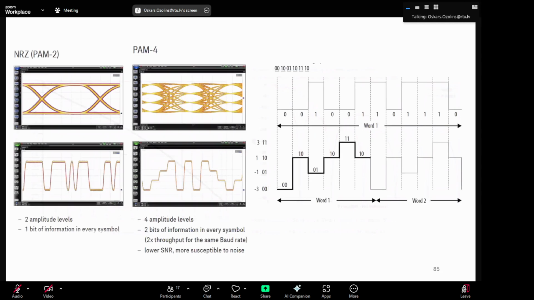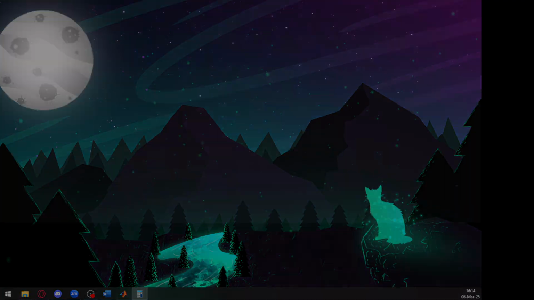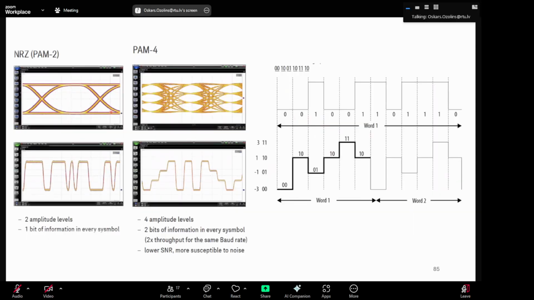Right. Then I have some more examples here that you can see. These have a different shape. We're going to talk a little bit about the pulse shape later on in the lecture. I just wanted to show a bit of comparison. Again, we have a PAM2 eye diagram, wide open.